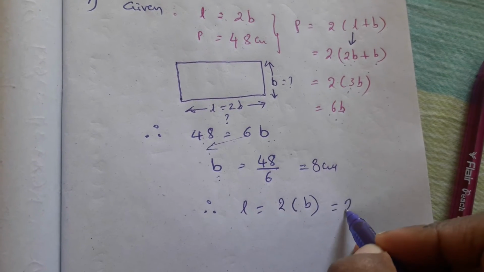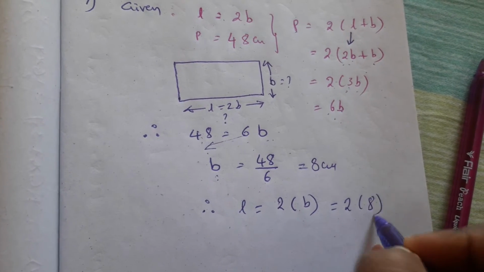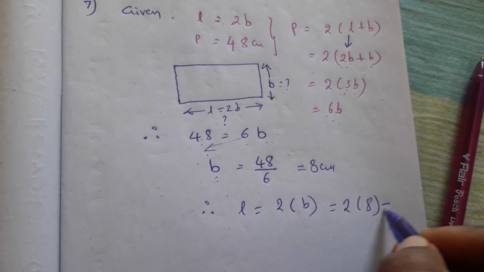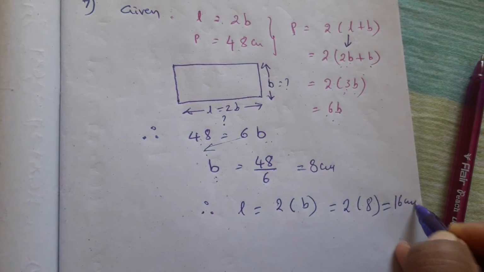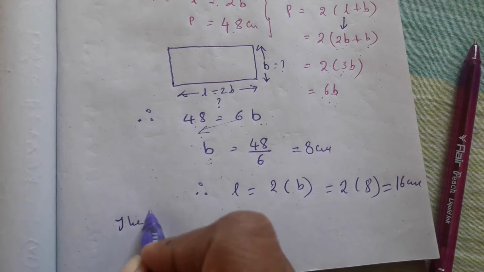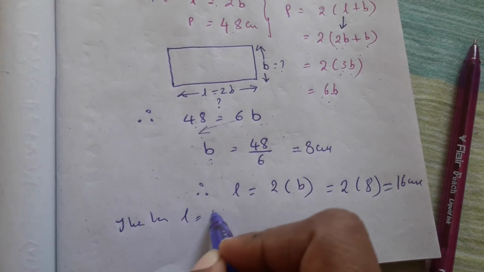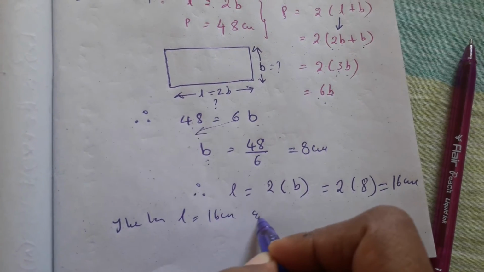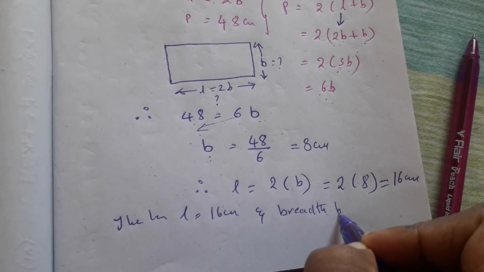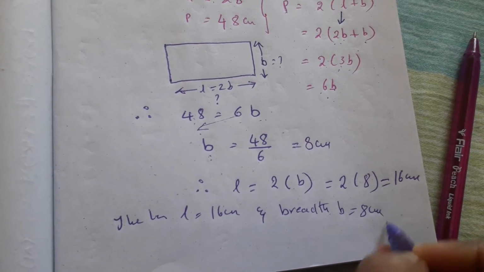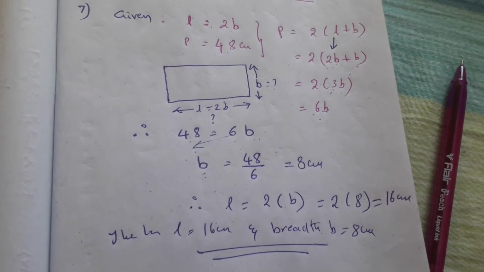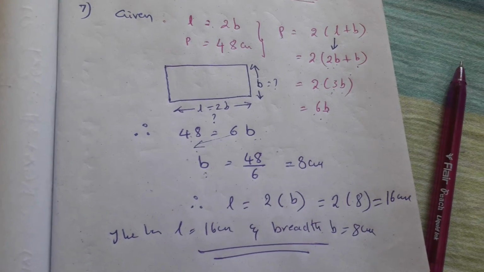So that is equal to 2 into 8, either into or brackets, you can put anything. 16 centimeters. So what is the answer? The length L is equal to 16 centimeters and breadth B is equal to 8 centimeters. This is the answer. Take a screenshot of this.